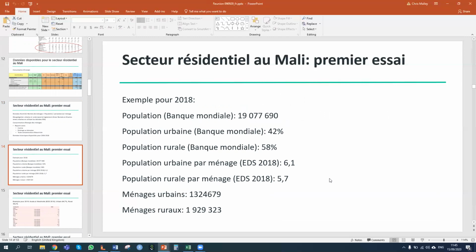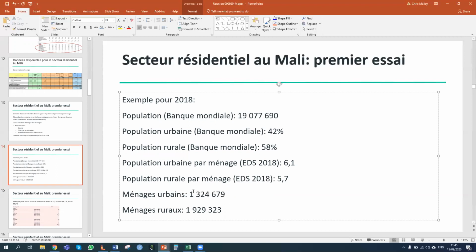In 2018, the World Bank says that there were 19 million people in Mali, and 42% of those were in urban areas and 58% were in rural areas. With 6.1 people per household in urban areas in 2018, that gives us 1.3 million urban households.